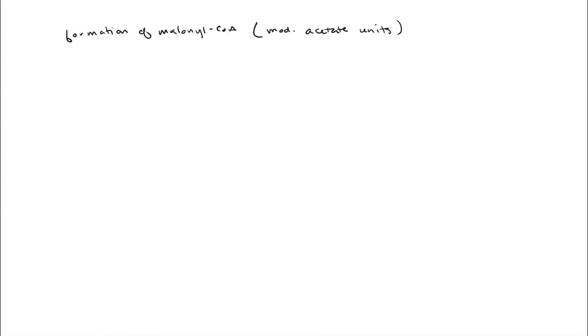So the design strategy generally looks like this. 1, fatty acid chains are constructed by the addition of 2 carbon units derived from acetyl-CoA.